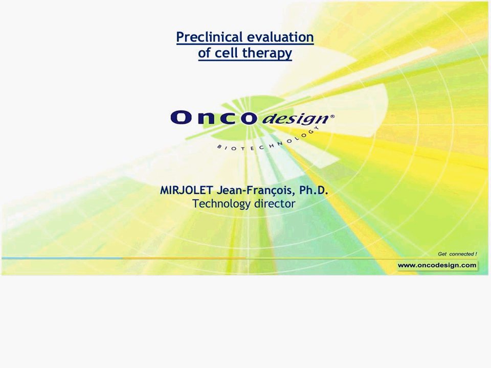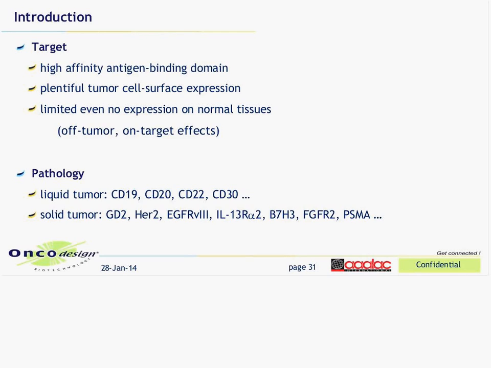Regarding pathologies, there is now really nice demonstration in clinic for hematological malignancies, and targets in this case are CD19, 20, 22, or 30. For solid tumors, there is also active development using targets like GD2, HER2, EGF receptor, IL-13, or even PSMA.